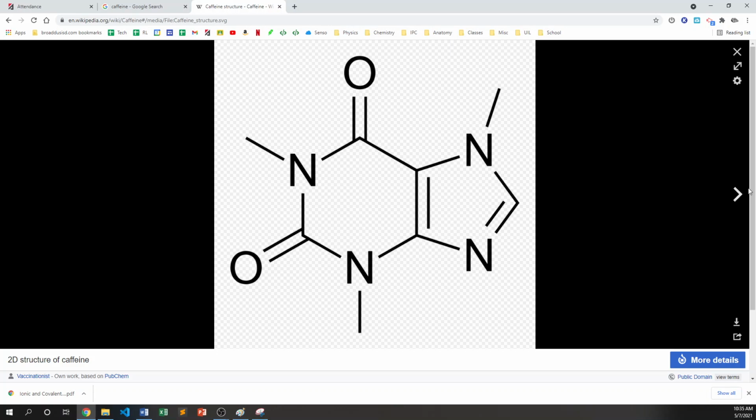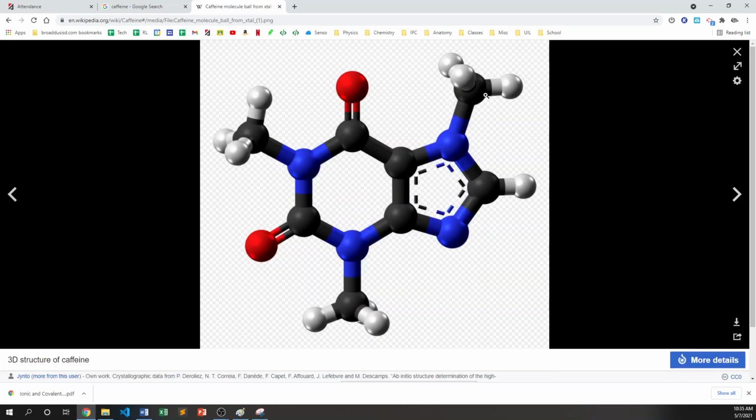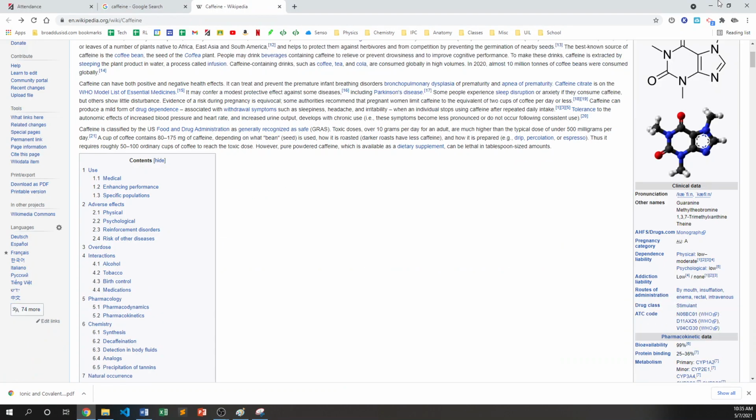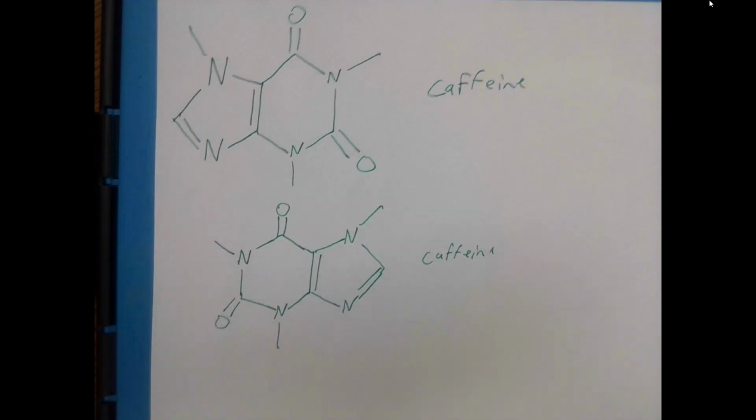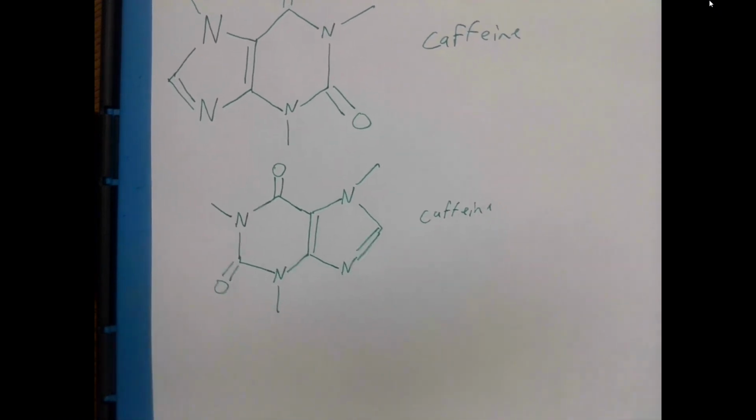So here's an intersection. Then we see at some molecules these white atoms, the carbon and hydrogen. So let's put a pause on this for right now and go over the rules.